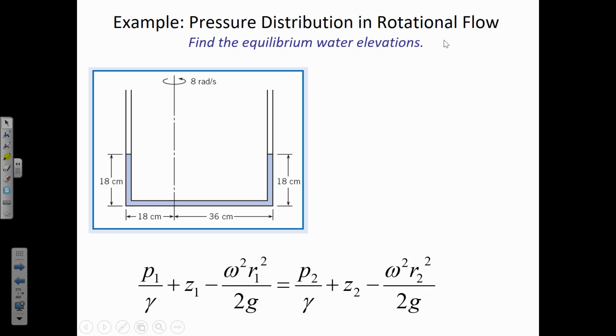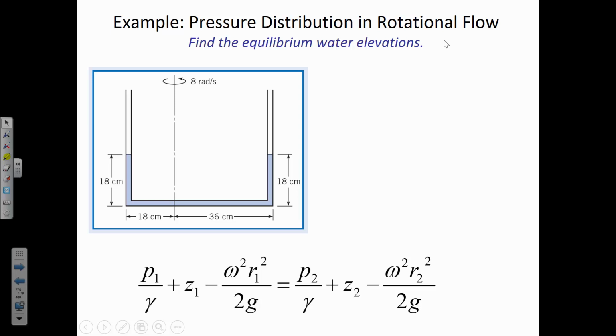Okay, so that's going to make 2 of the terms in this equation cancel out. Omega is given in the drawing, 8 radians per second. What about the R values? Okay, those are also given. The only thing we'll have to remember there is to convert from centimeters to meters, so that's pretty easy to do.